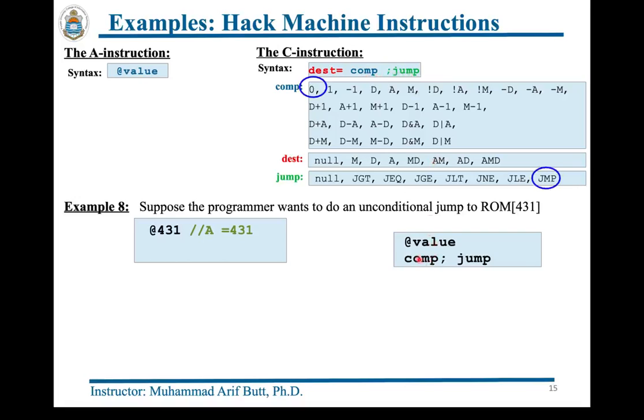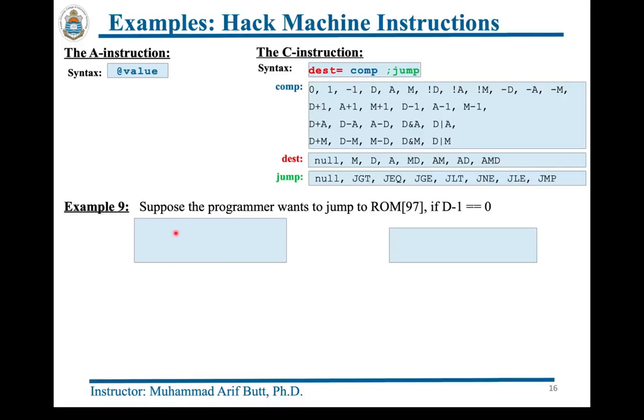Inside the computation I'm going to place a 0, because in case of unconditional jump the computation should be 0, and the directive is JMP, unconditionally jump to this address. So these are the two instructions that we can use to unconditionally jump to this address. And whatever address is written over here, your program control will move on to the instruction located at this address.